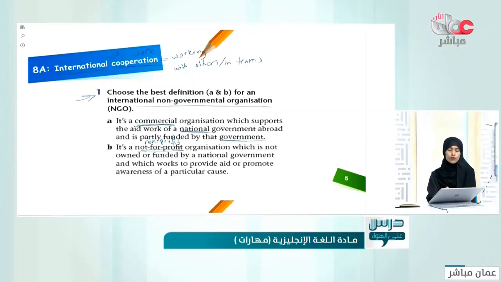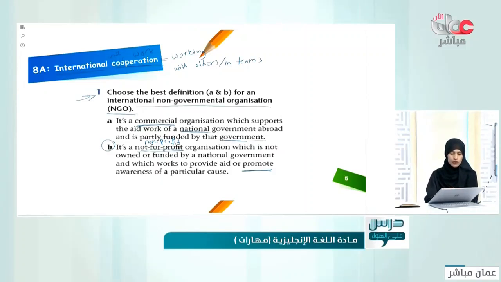A not-for-profit organization which is not owned or funded by a national government and which works to provide aid or promote awareness of a particular cause. So this is the best definition to define an NGO.